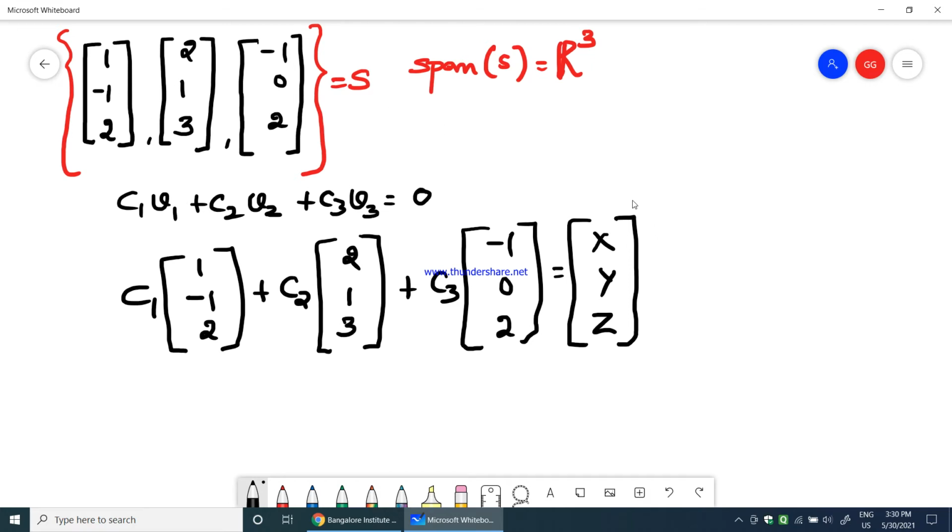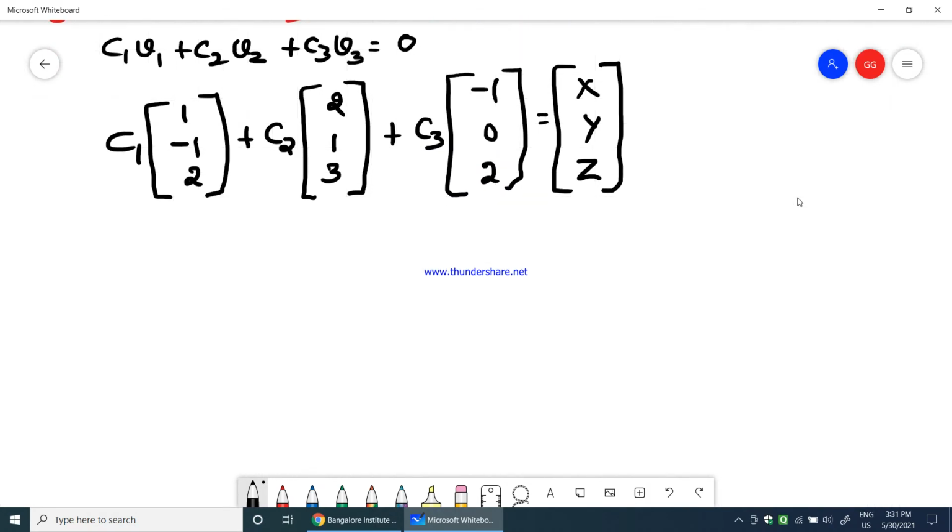If that vector belongs to R cube, then we can say span of S would be equal to R cube. So we will derive the equations of C1, C2, C3 in terms of X, Y and Z.